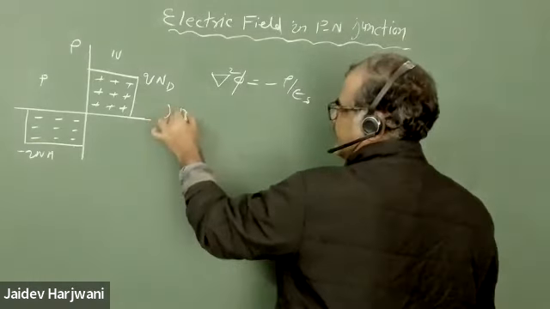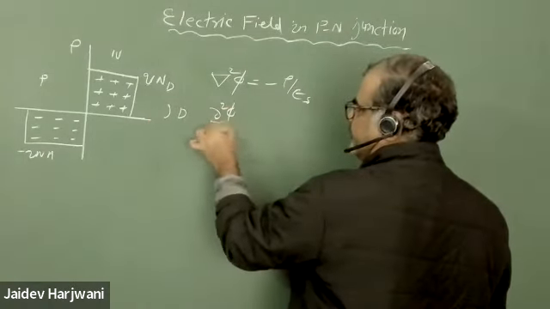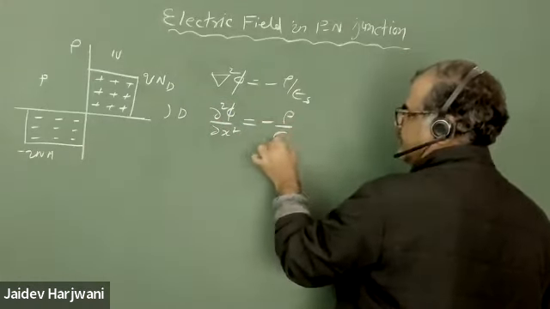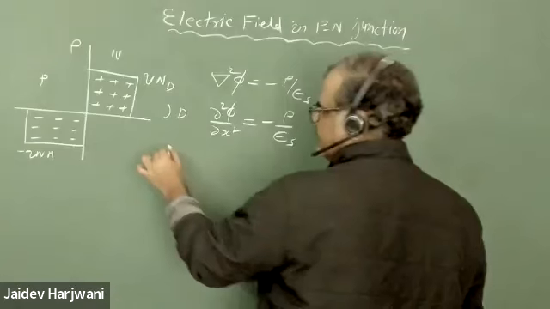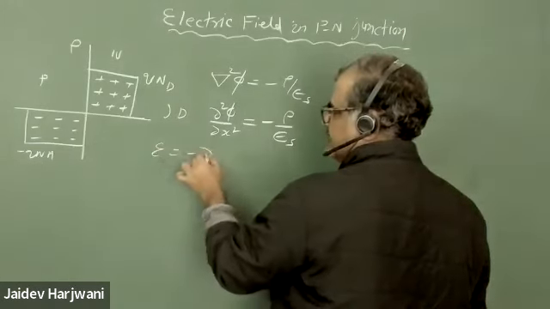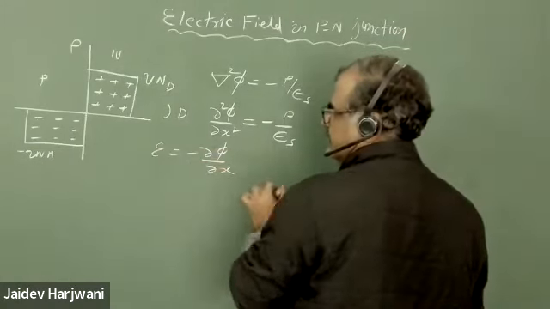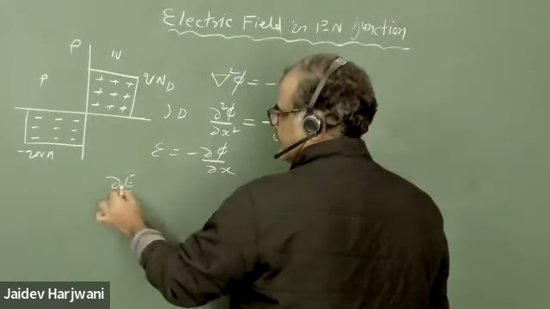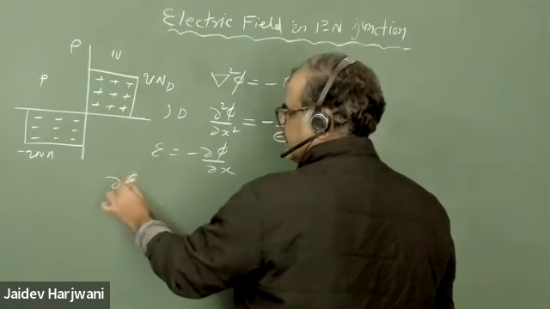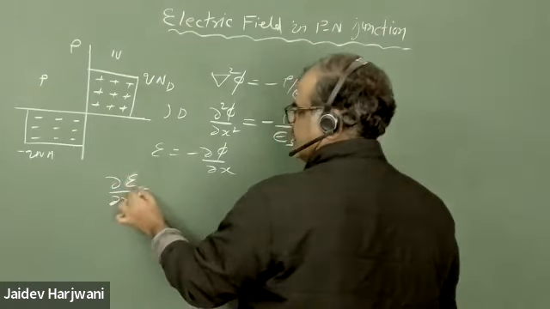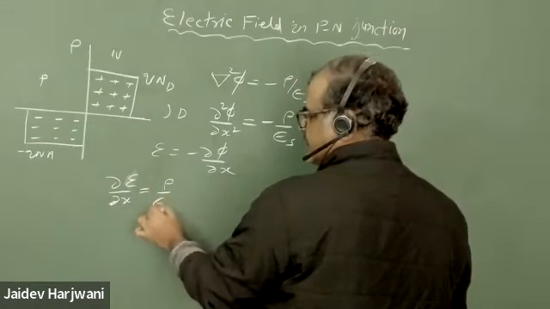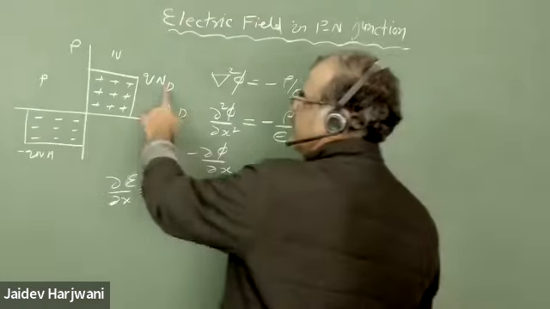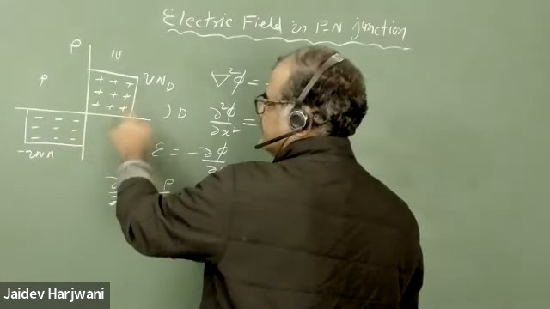In 1D I can write this as d²phi upon dx² equals minus rho upon epsilon_s, and I know the electric field is the negative gradient of potential, so I can write this equation as dE upon dx equals rho upon epsilon_s. Now I know the rho value in both the regions.